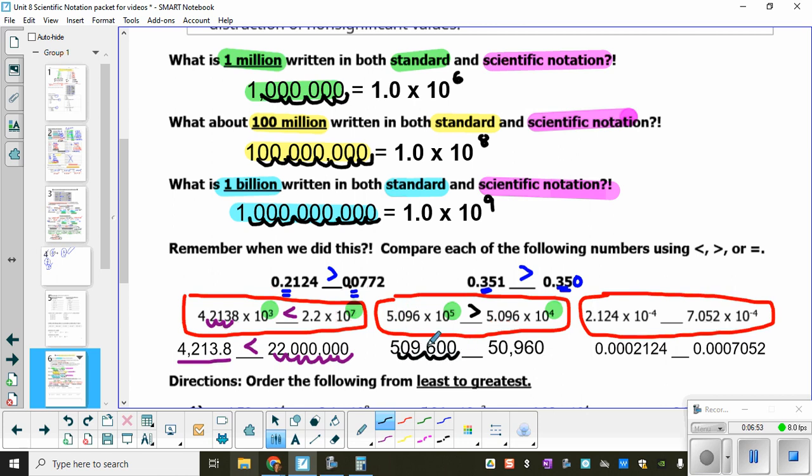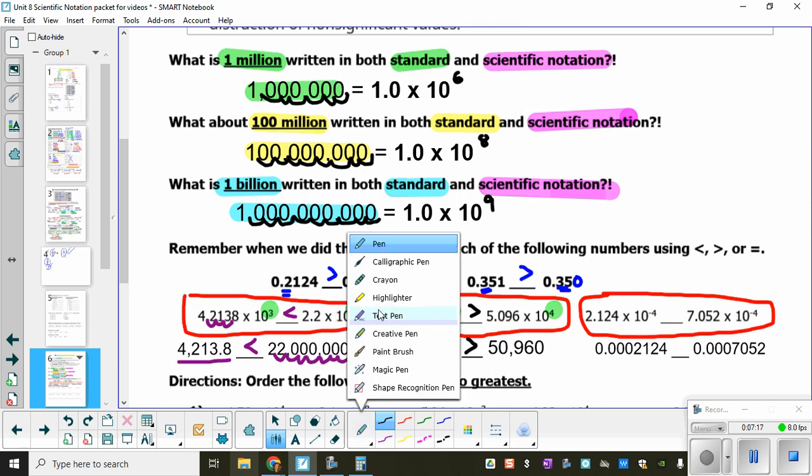So this number is 509,600. Now, if I only move the decimal over 4 times, 1, 2, 3, 4, I'm at 50,960. So when we're comparing something that's in the 500,000s versus in the 50,000s, of course 500,000 is going to be much larger than just 50,000.